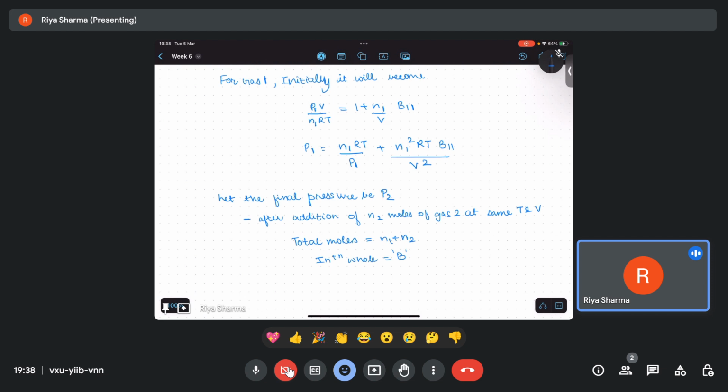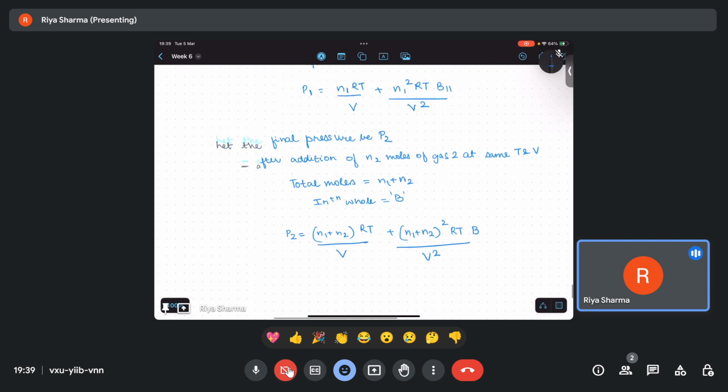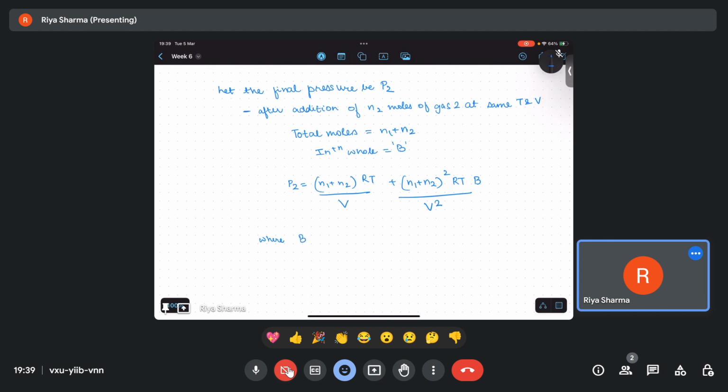So P2 equals N1 plus N2 RT by V plus N1 plus N2 whole square RT B upon V square, where N1 plus N2 whole square B equals N1 square B11 plus 2 N1 N2 B12 plus N2 square B22.